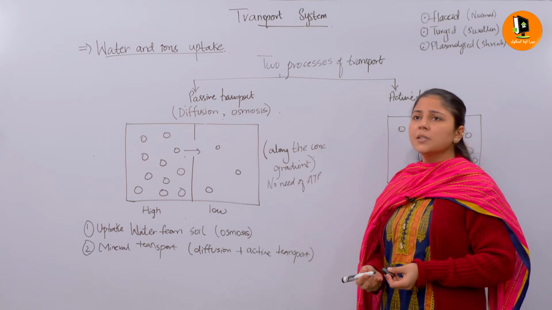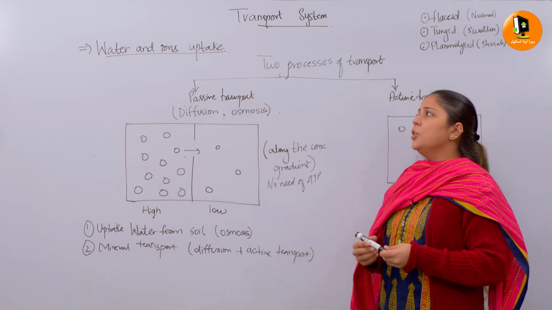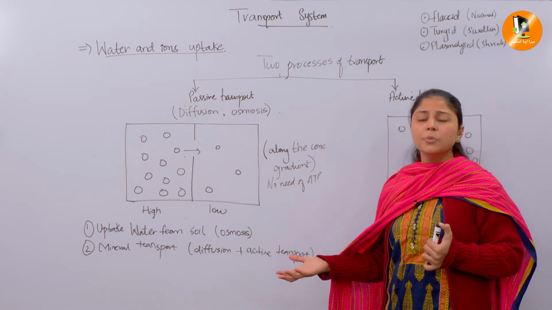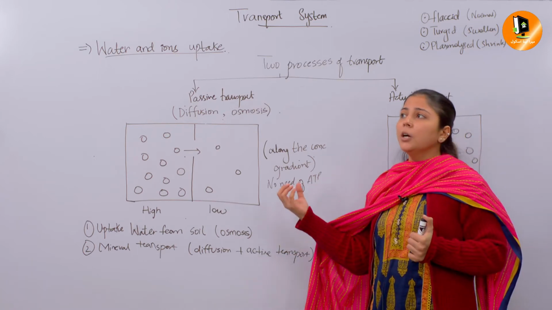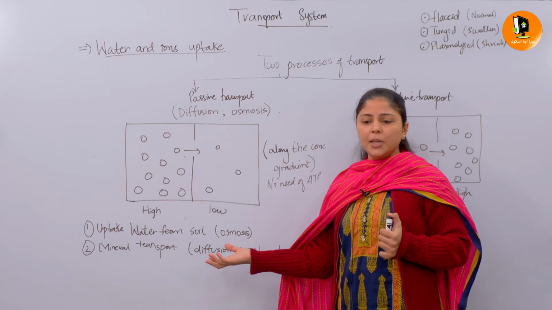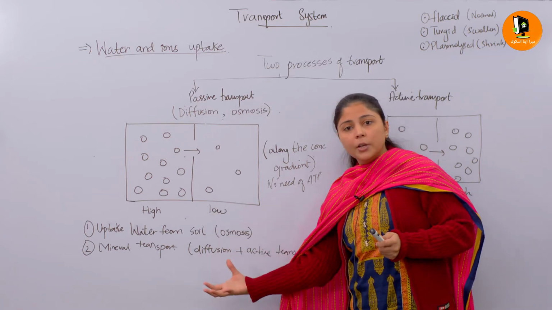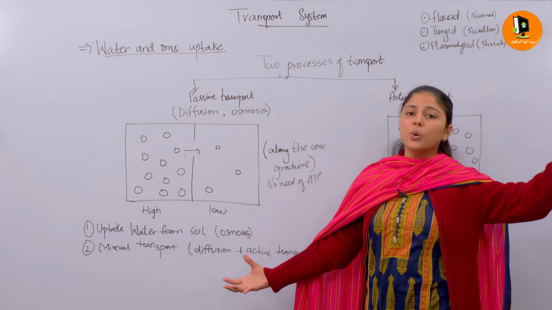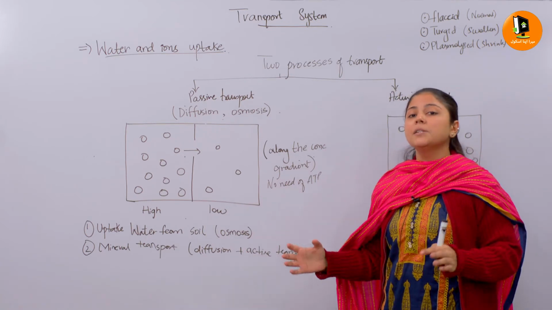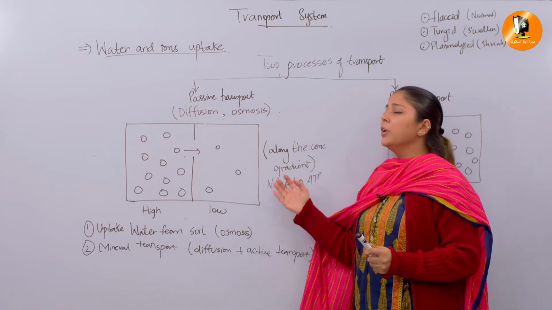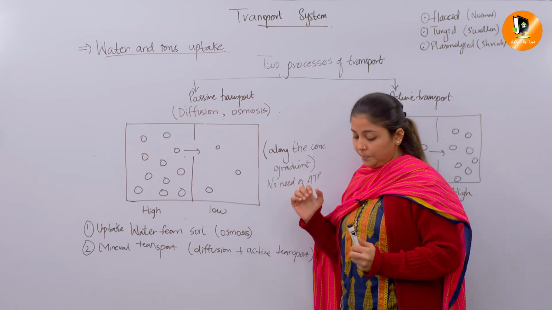A simple example: when you spray any gas in this room, the gaseous molecules move from the higher concentration to the lower concentration. This is basically passive transport. No need of energy, because the molecules are moving along the concentration gradient.